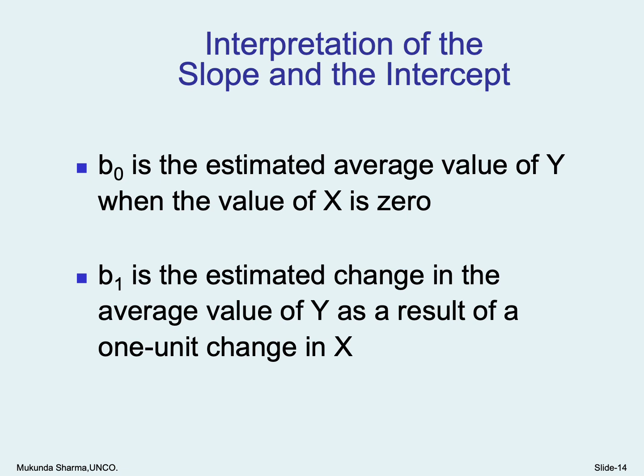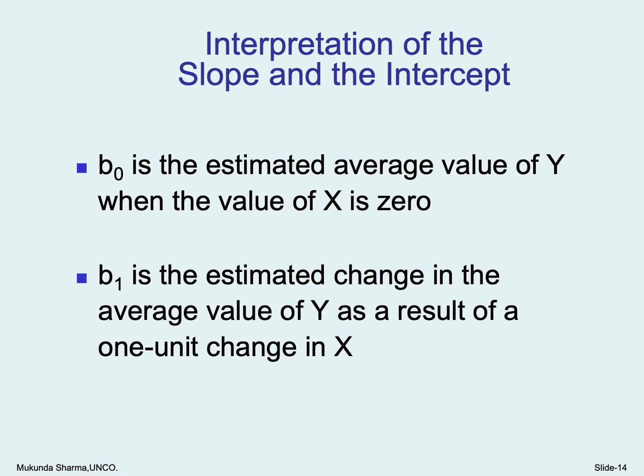Let's understand how to interpret the intercept and slope. B sub 0 is the intercept here, and B sub 0 is the estimated average value of y when the value of x is 0.